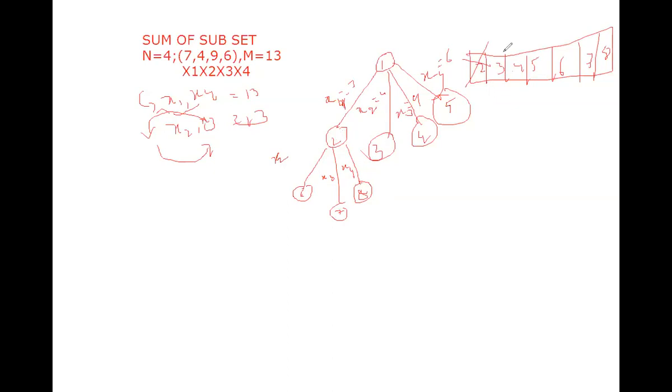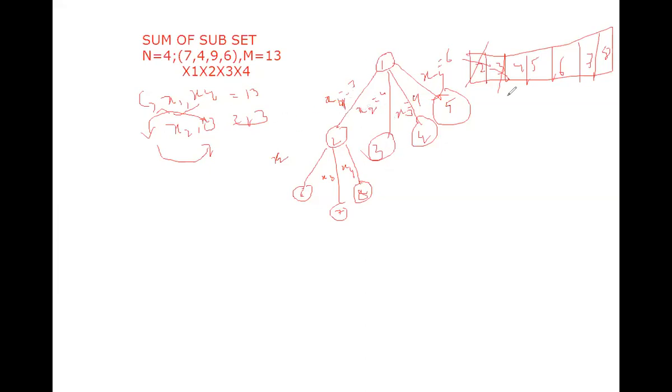Next, what do I have to expand? Next one is 3. See here, next I am going to expand 3. We consider x2 here. If you want to consider x1, you already considered x1 and x2, so you cannot consider it again, since x1, x2 and x2, x1 are the same.